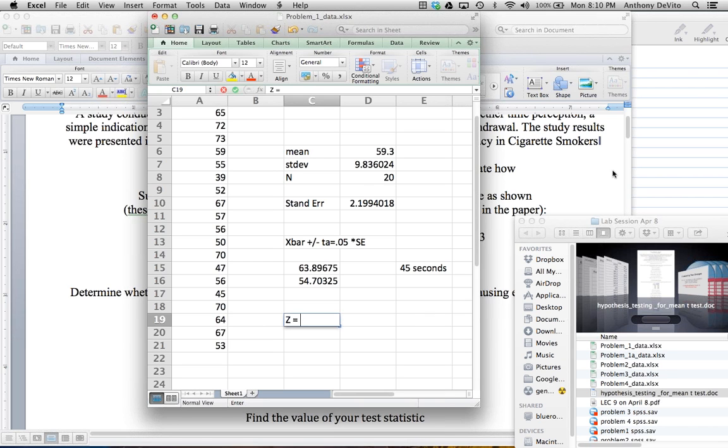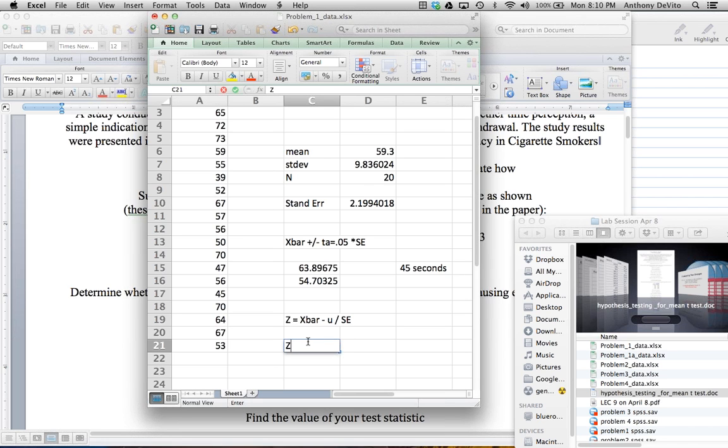I'm going to go back and review that. What is Z equal to when we look at a normal distribution? It's equal to X bar minus what we think the true mean is, mu, divided by the standard error. Okay, so now what's that going to be in this case?